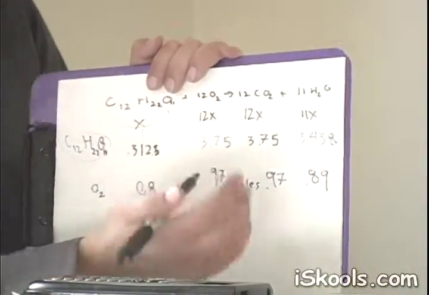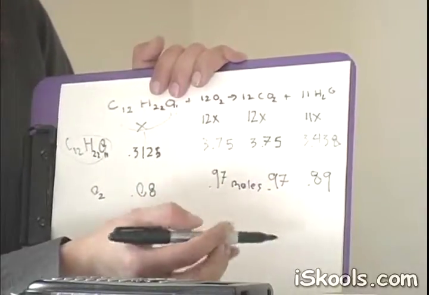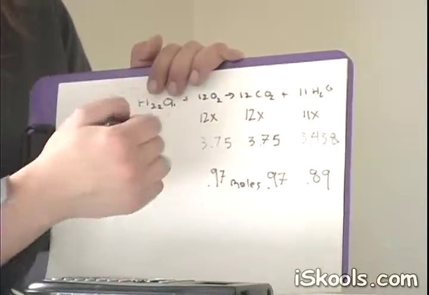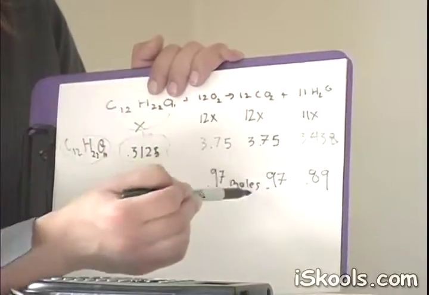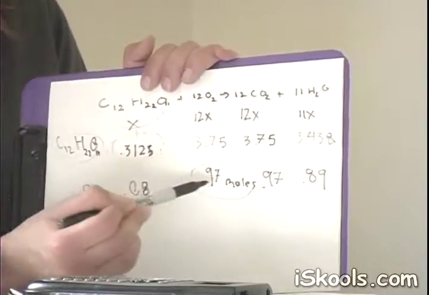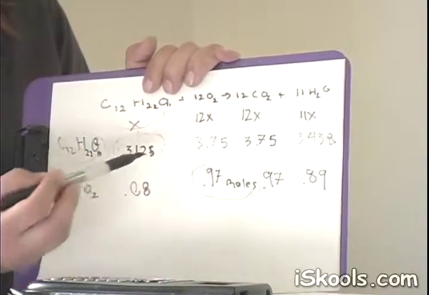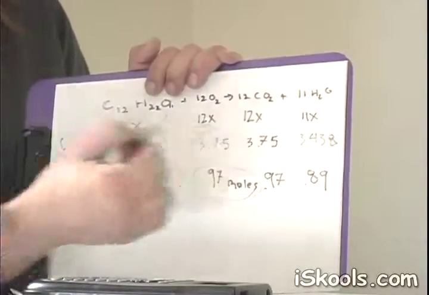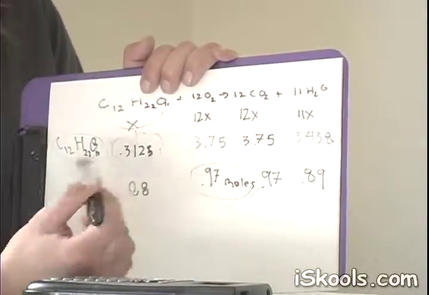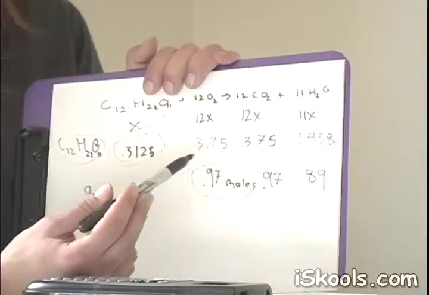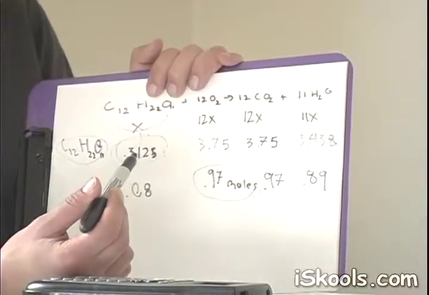From here, you're at your home stretch. If you have this number of moles of this substance and this number of moles of this substance, then you pick the row containing the lower number of values, and that's your limiting reactant.